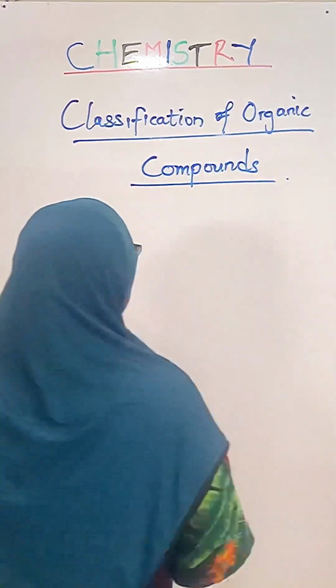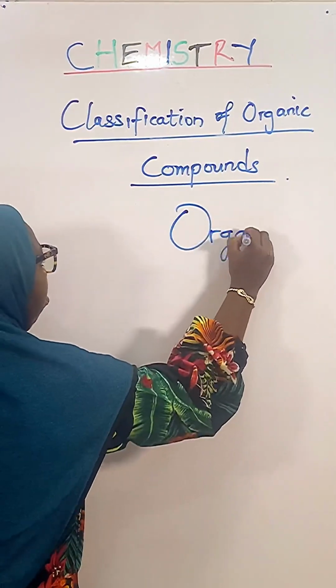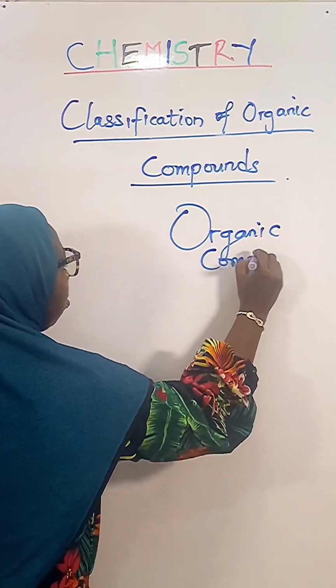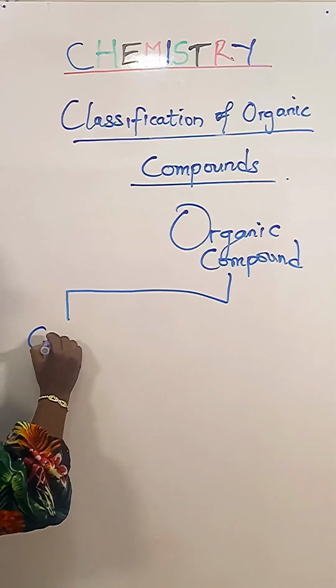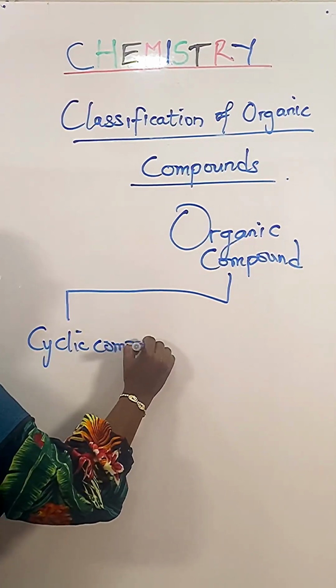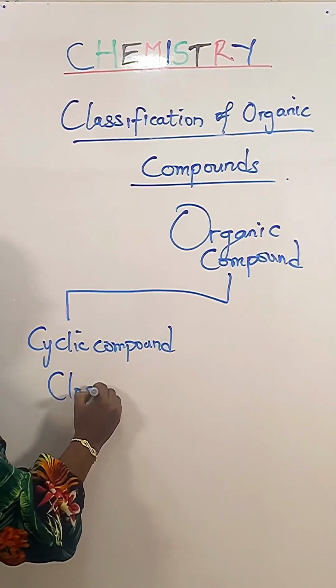Organic compounds can be classified majorly into two. We have what we call cyclic compound. Cyclic compound can also be called closed chain compound.